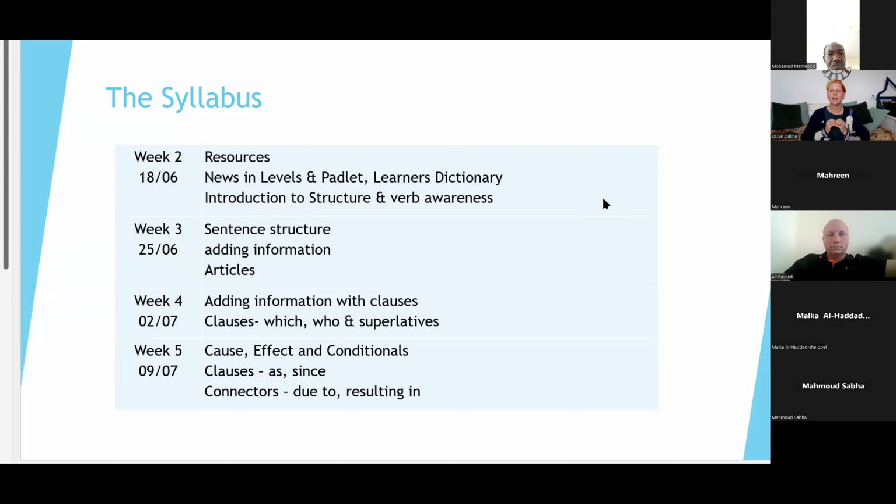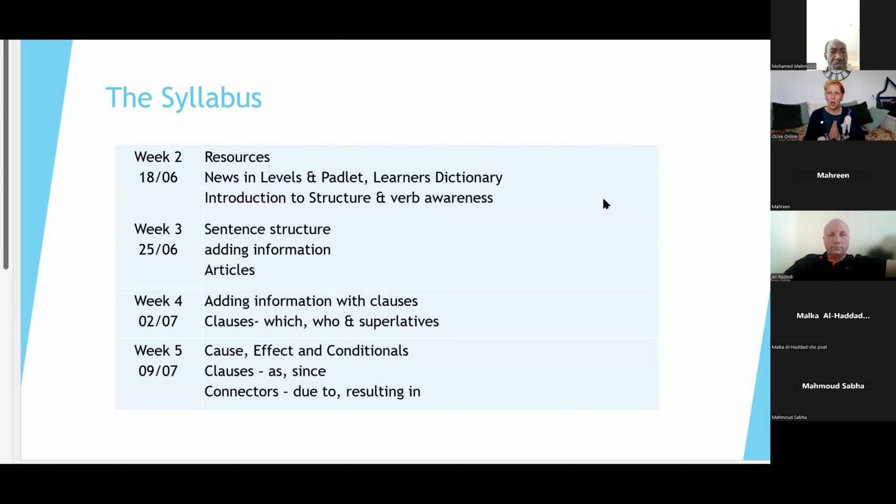If your level is low and you want to build your understanding of grammar, build your ability to write, speak, and express yourself, this is going to help you do that in little steps.